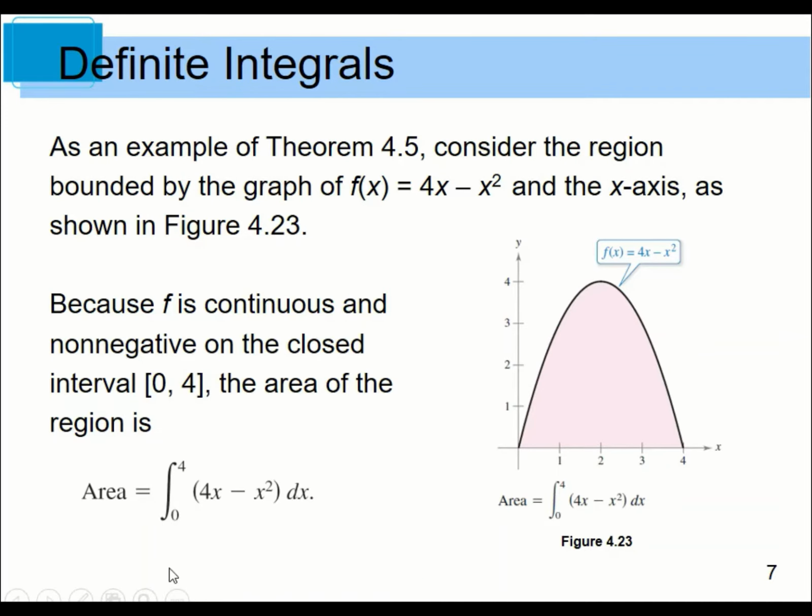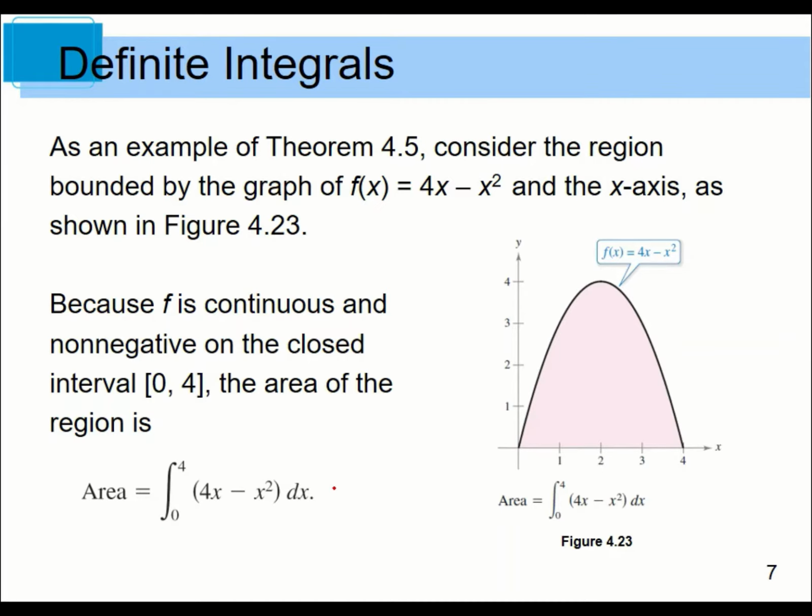So let's take a look at this example. We have the function f(x) equals 4x minus x squared, and we integrate this function from 0 to 4. So this is what we do.